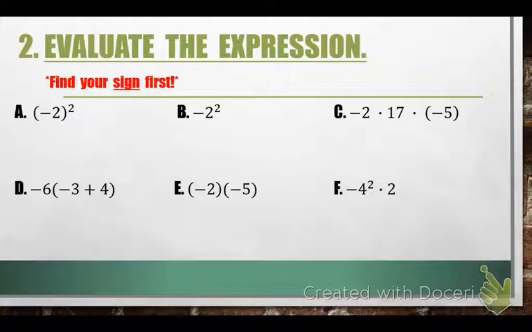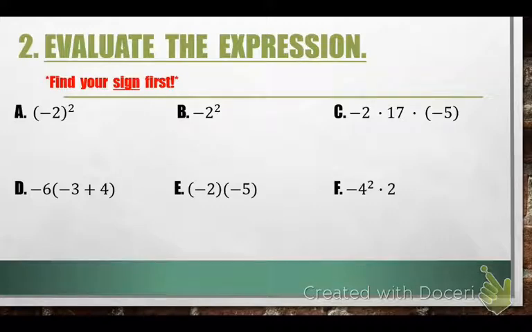So let's use some of those rules as we do this right here for number 2, evaluate the expression. So here what we're going to do is try to find the sign first before we move on and find the correct answer. This says (-2) squared. Nehemiah, what does that mean I have to do for (-2) squared? 2 times 2. Not 2 times 2.